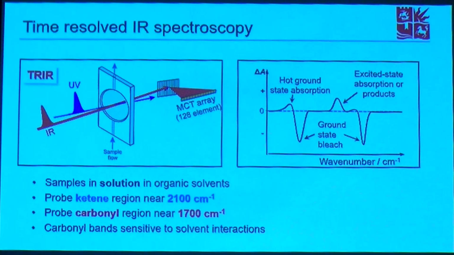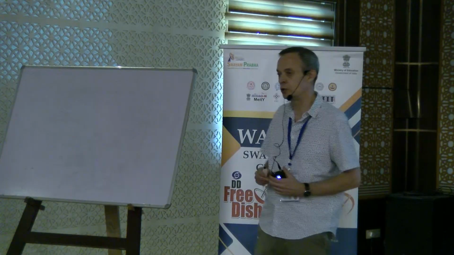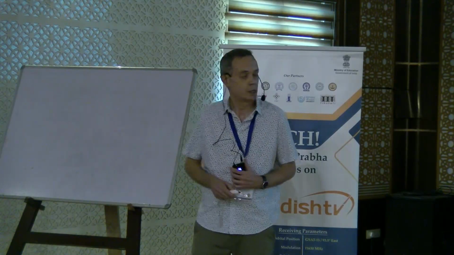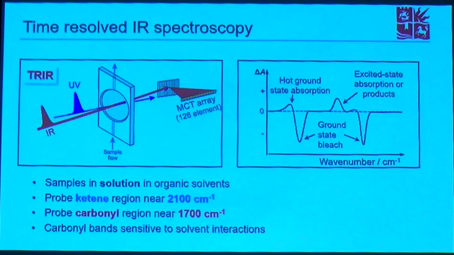But we've also been able to study this photochemistry in solution. We can dissolve our EDA molecule in an organic solvent of our choice, and we can photoexcite it with a femtosecond UV laser pulse, and come in with a broadband infrared laser pulse and look with time-resolved infrared spectroscopy at the evolution of the system. So I have to now reorient you.